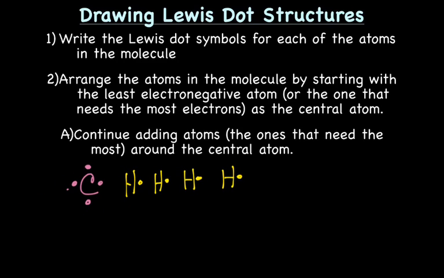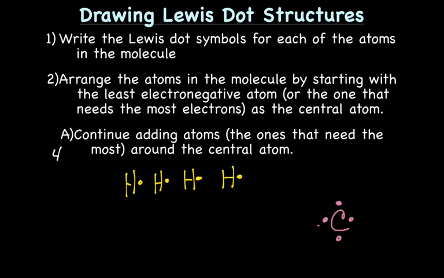There we go. Now, of the carbon and the hydrogens, which one needs the most to satisfy the octet or the duet rule? Well, carbon needs 4, right? And each of the hydrogens needs 1. So we will start with carbon.